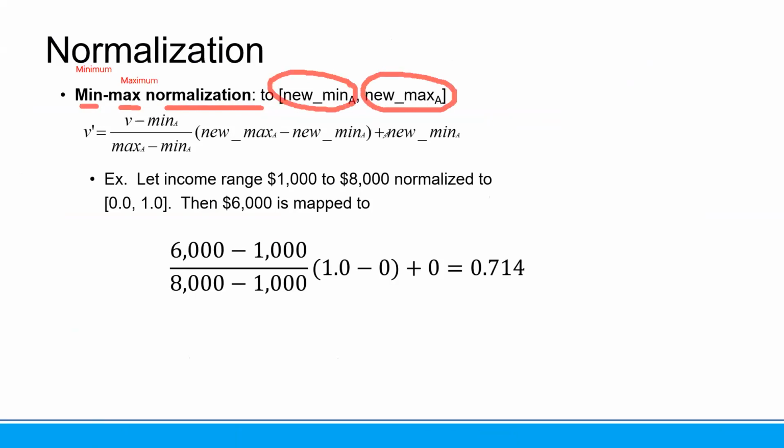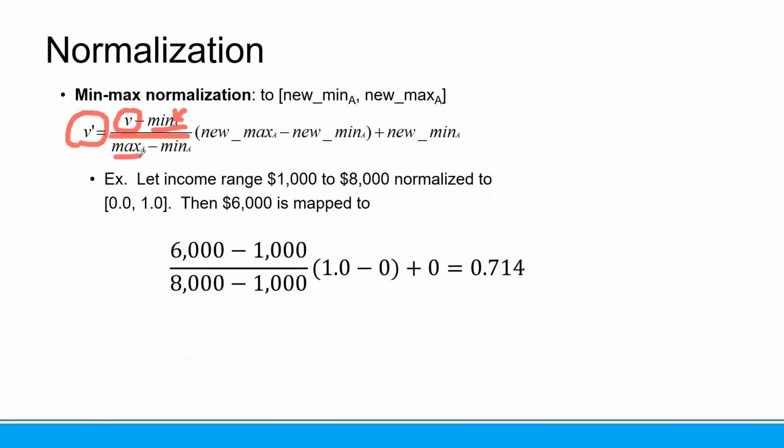Okay, so this is the formula. The v prime is the result. The v is the value that you need to minus with the minimum of the value in that attribute, divided by the maximum of the value in that attribute minus the minimum of that value in the attribute. Multiply by the new maximum minus the new minimum, plus the new minimum.